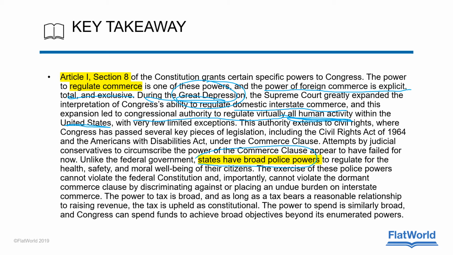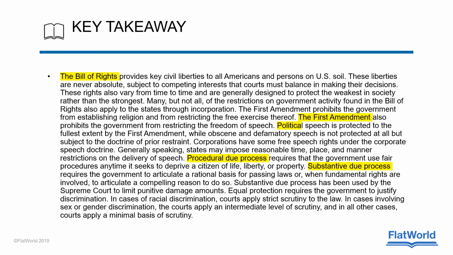The exercise of these police powers cannot violate the federal constitution, and importantly, cannot violate the dormant commerce clause, meaning they can't discriminate against or place an undue burden on interstate commerce, so commerce between different states. That's a good takeaway from the middle part of the chapter.